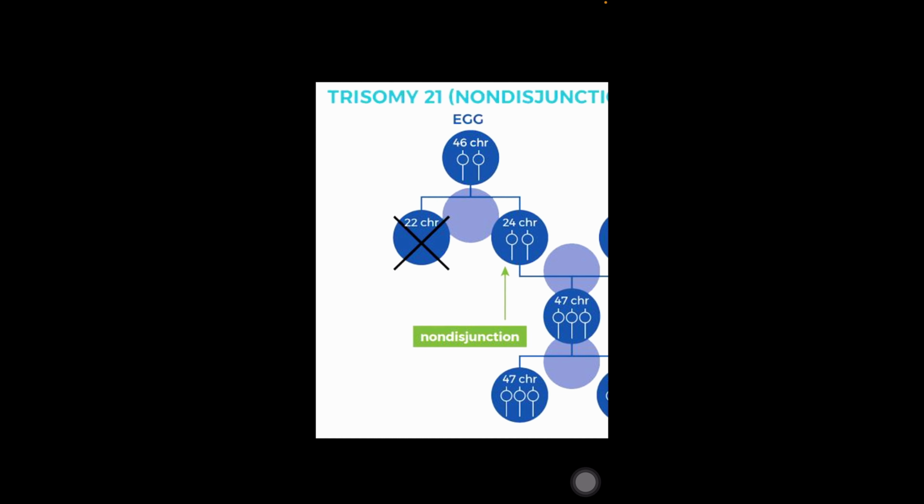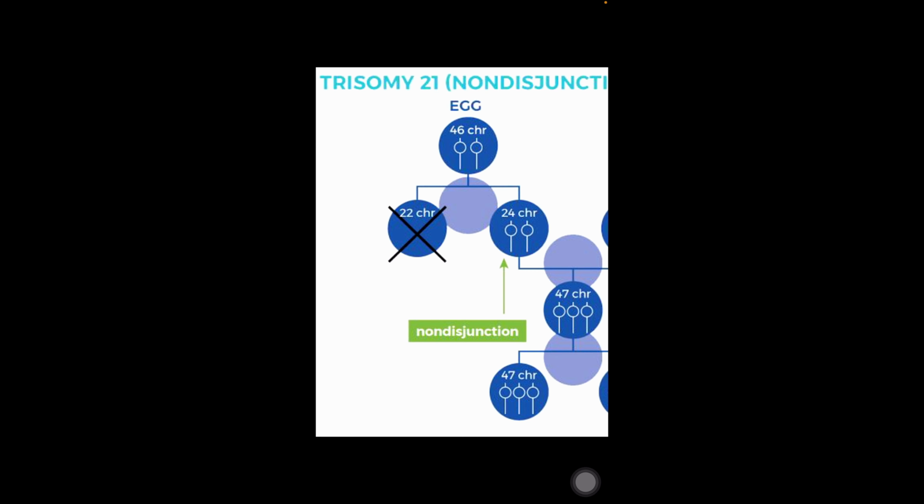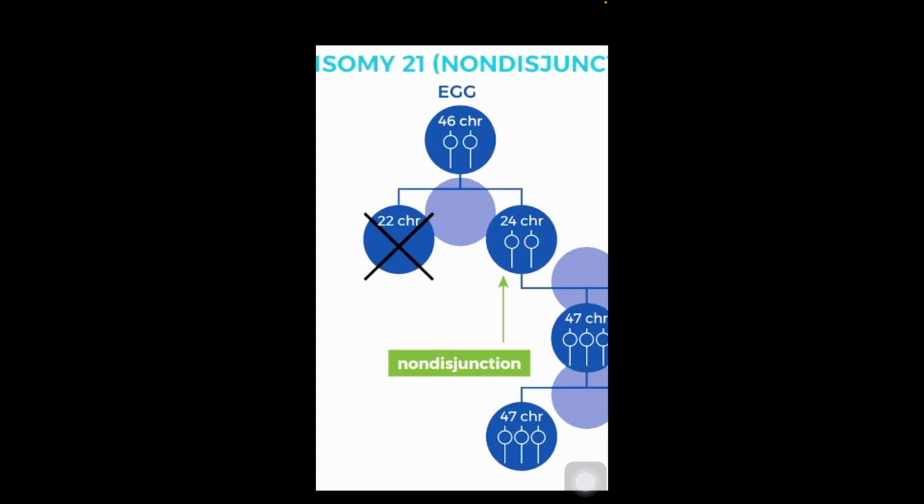In trisomy here, we have the egg, so that makes it maternal. It's a maternal non-disjunction. A maternal non-disjunction is not only in trisomy 21, it can also happen in Patau, trisomy 13, and also the other trisomy, Edwards syndrome, trisomy 18. Okay, so the egg having 46 chromosomes.